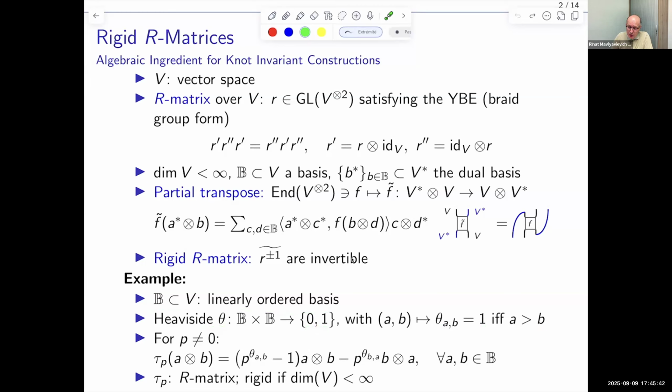Then for any non-zero scalar p, we can define a map from the tensor square of V to itself, which is specified on the basis elements by this formula. As a matter of fact, this is an R-matrix, and it is rigid if the dimension of V is finite. But in principle, it is an R-matrix also in an infinite dimensional vector space because the map is well defined.